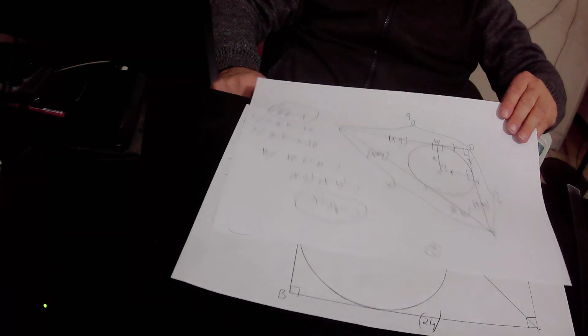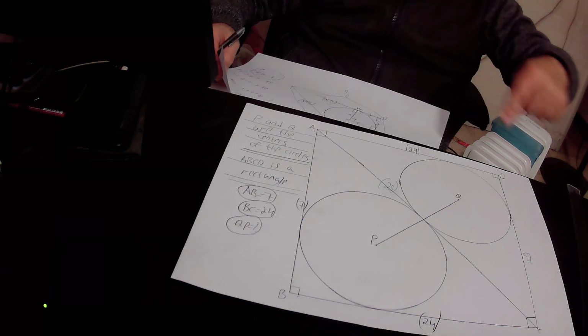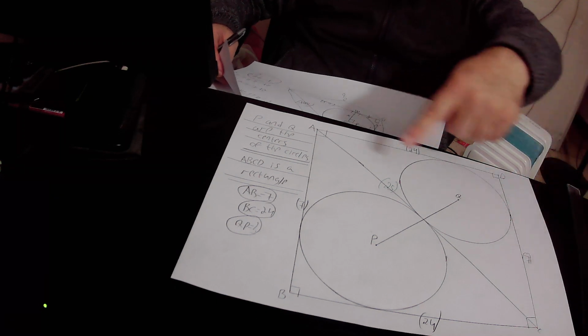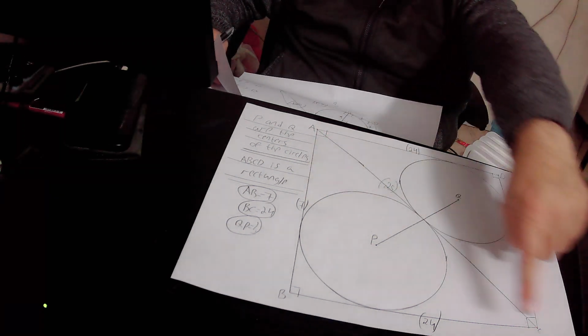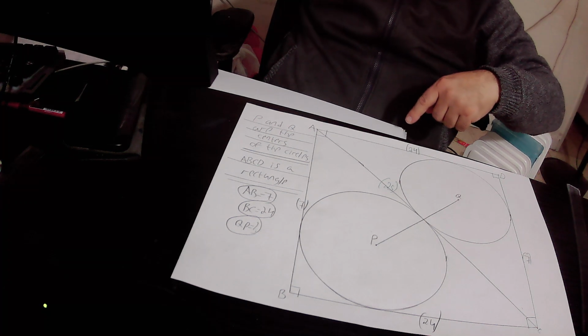Now we'll use this formula in order to find the radius of this circle that is blocked by the right triangle ABC.